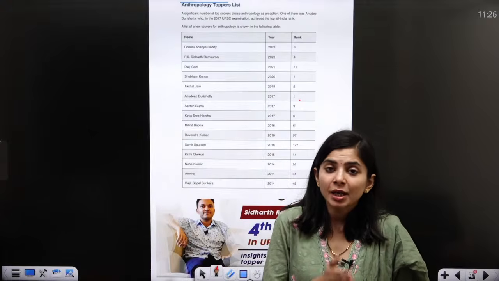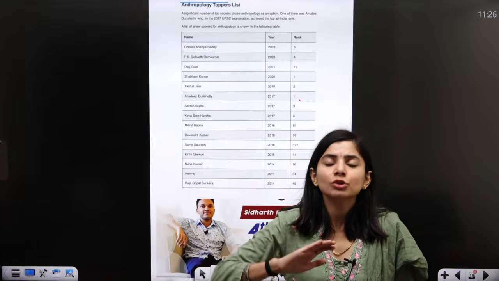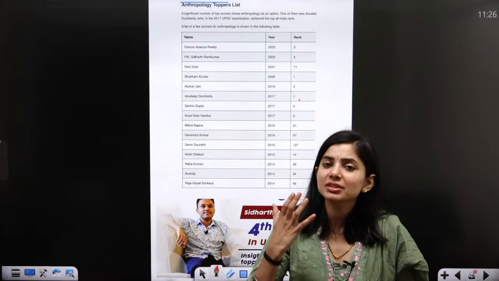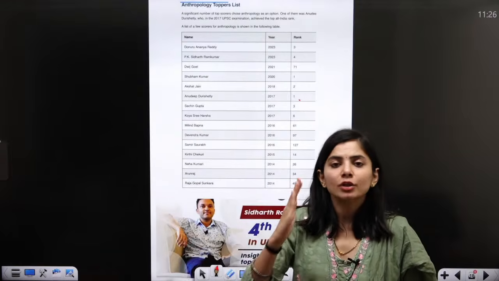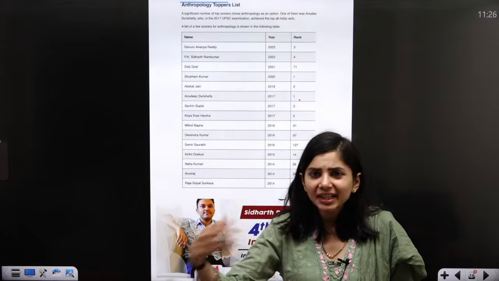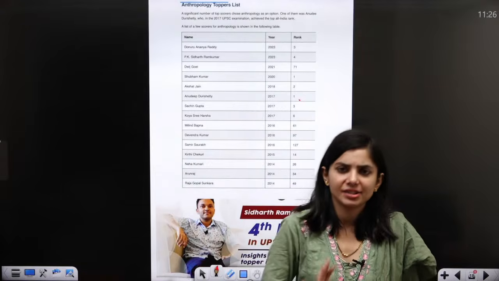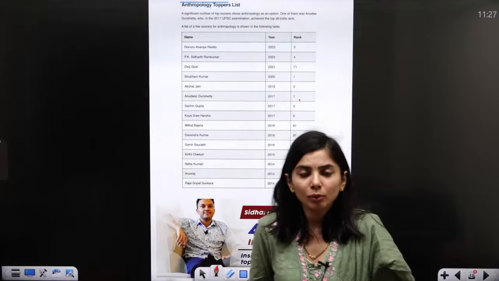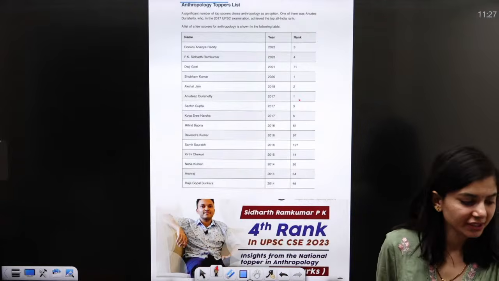The reason is that it has a compact syllabus and there is no need for a background. Why? Because the GS paper has overlap, so anthro paper 2 is completely generic and anthro paper 1 you can manage. That's how you can have strong confidence while choosing this optional.